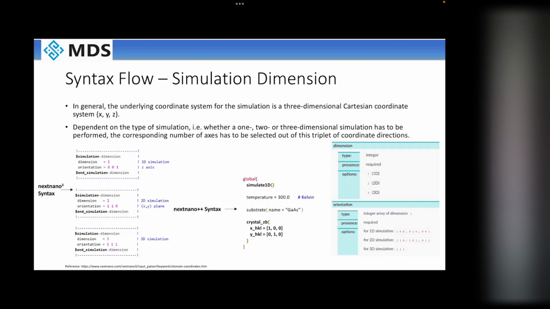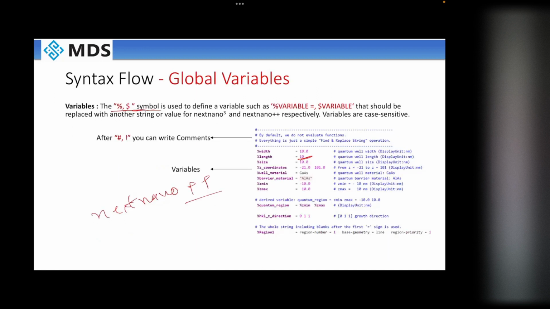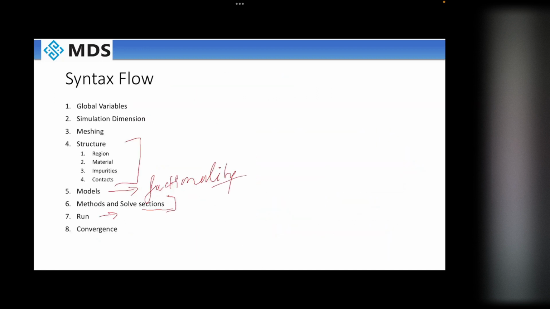First I'll tell you where you should use the 1D simulation dimension. Before that, I would like to come to a particular thing: how you should visualize how you are simulating, and how your structure will look when you fabricate it.